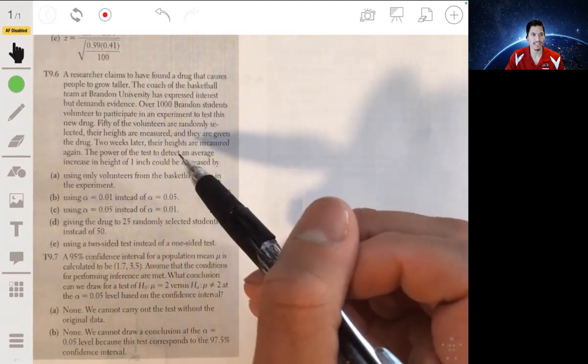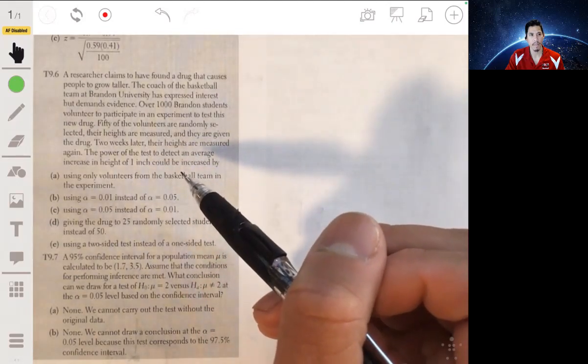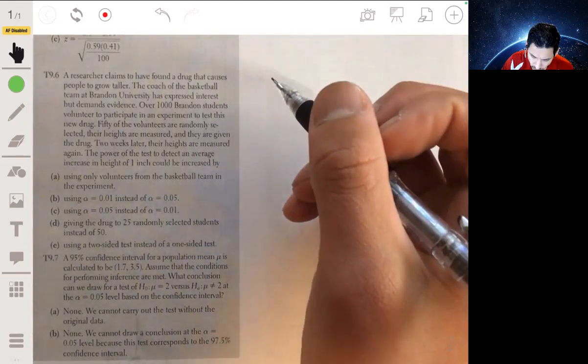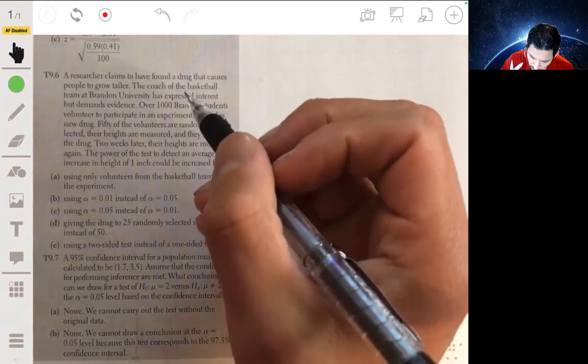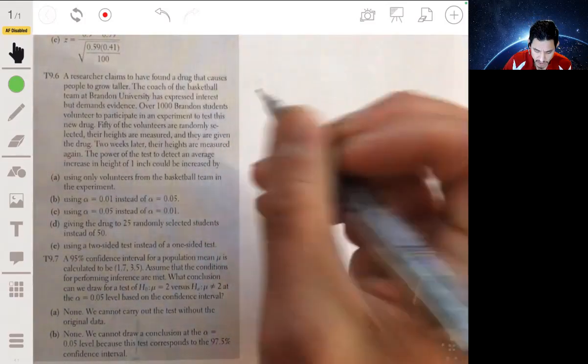The power of the test to detect an average increase in height of 1 inch could be increased by... I wonder if this really was a study. This is a pretty crazy experiment. I wouldn't volunteer, but anyways, let's move on to the problem.